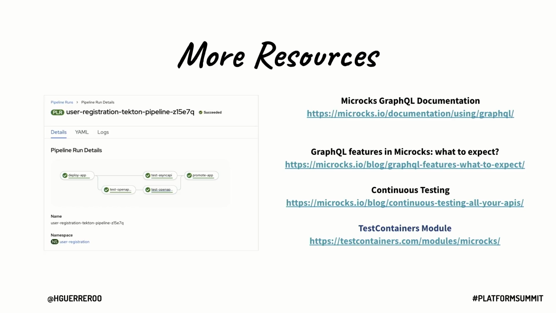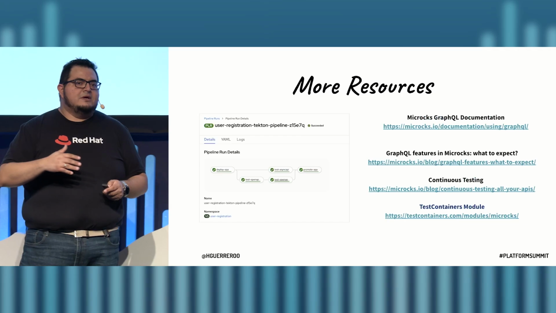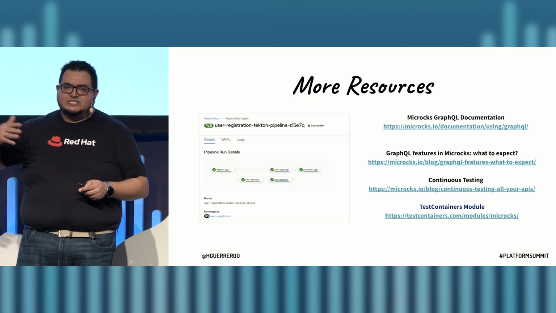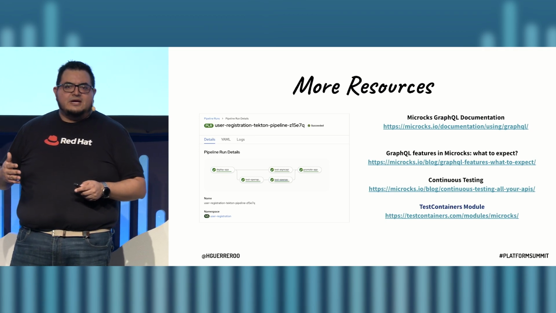There are more resources. As I was saying, this was running on a centralized application, but you can use it as part of your testing, using Testcontainers. You can use it as part of your CI/CD process, using GitHub Actions, pipelines. So as we were saying before, the automation of your release process can help you also to be able to fulfill these challenges for mocking your GraphQL endpoint, as well as do the contract testing.